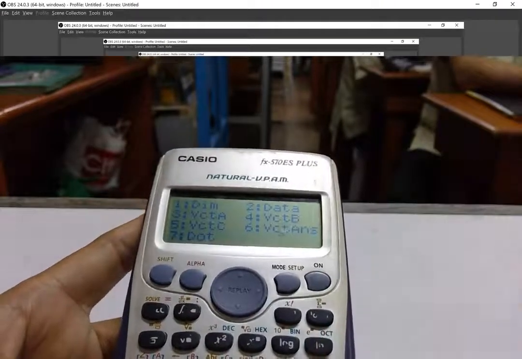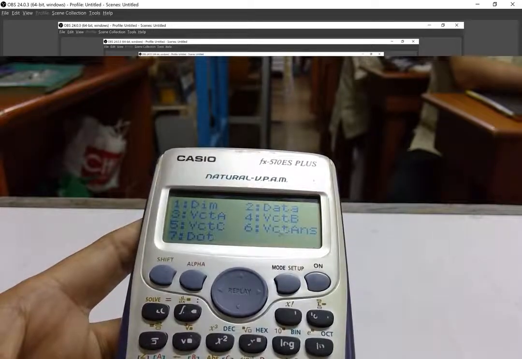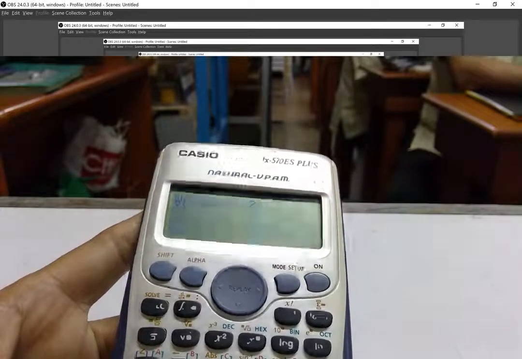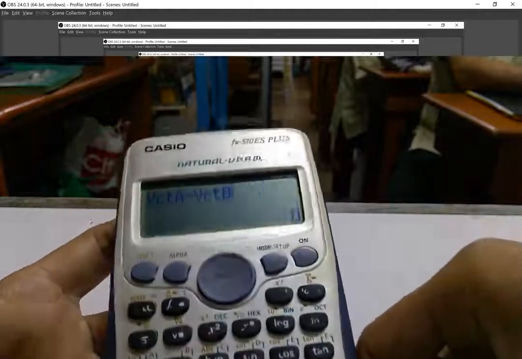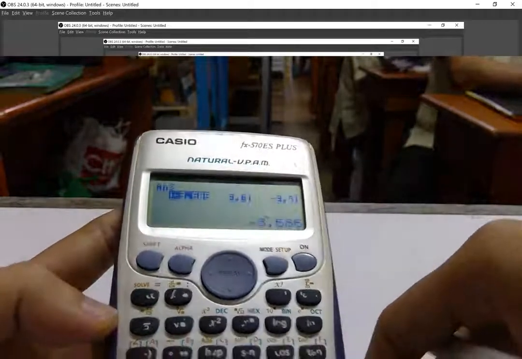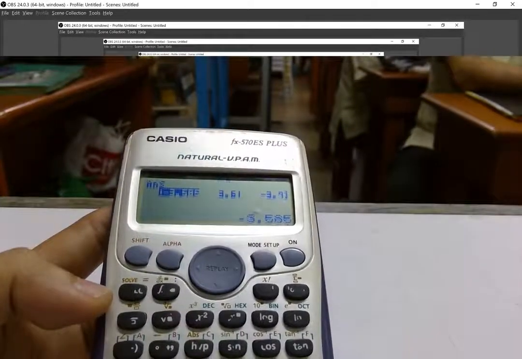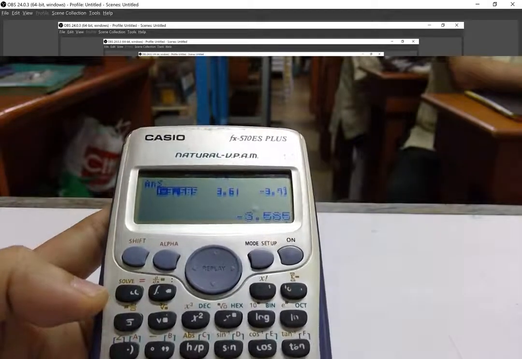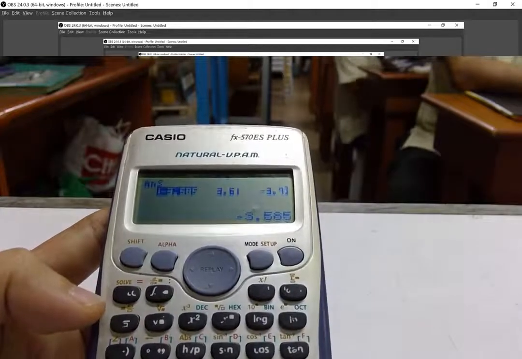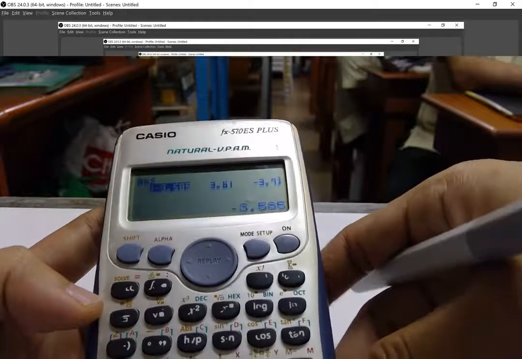But if you notice, there's no magnitude in this. So we have these values, and then how to get the magnitude? In this calculator we cannot get the magnitude.